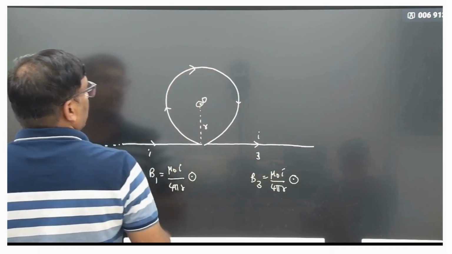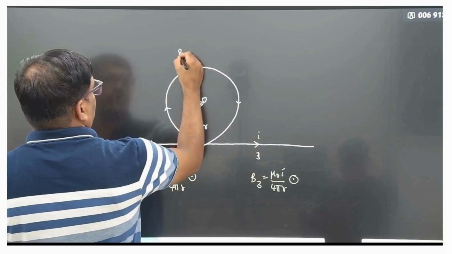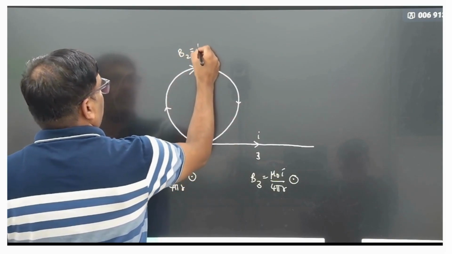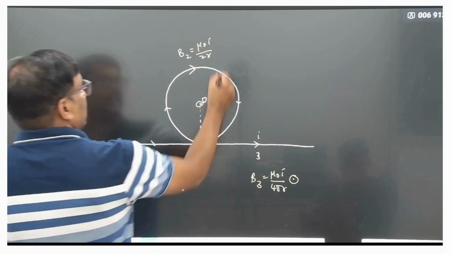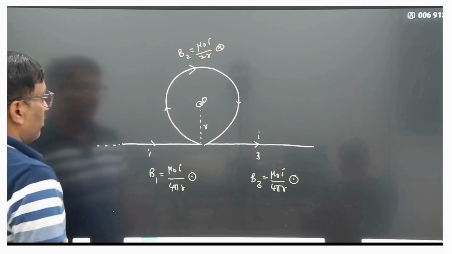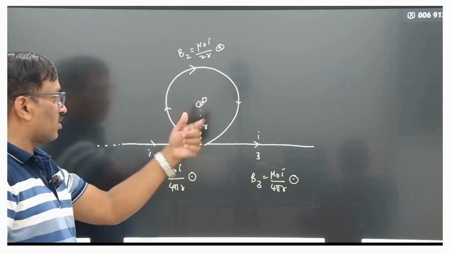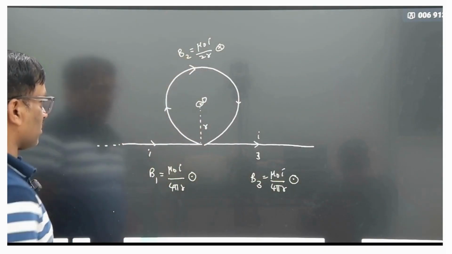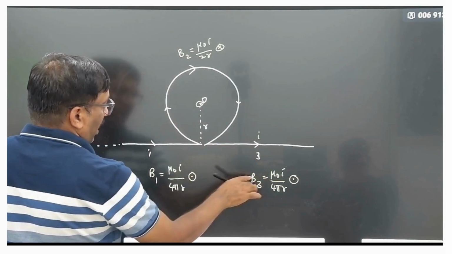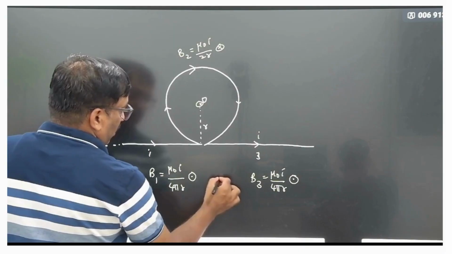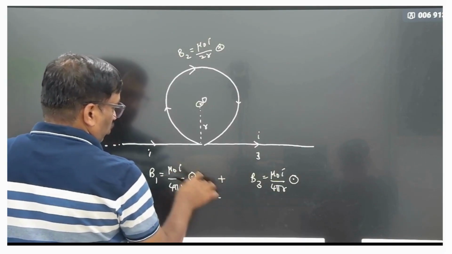So due to the second part, it is a full circle, therefore mu naught into I by 2r. Clear? But it is inside. These two are in the same direction, but this one is in the other direction. Therefore these two are to be added, and you add these two, you will get 2 here.